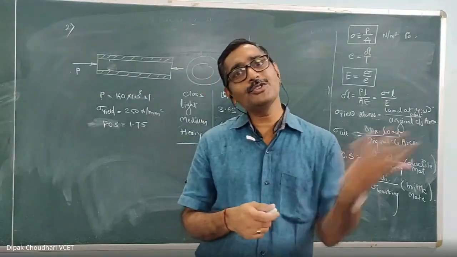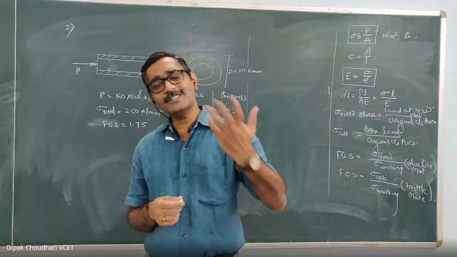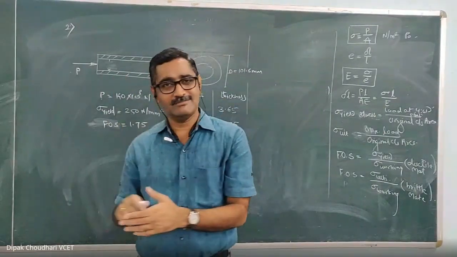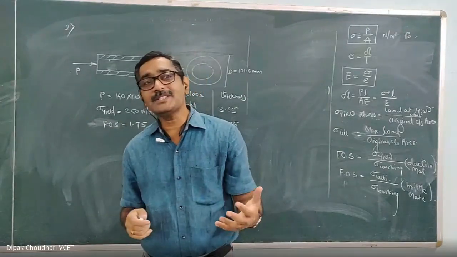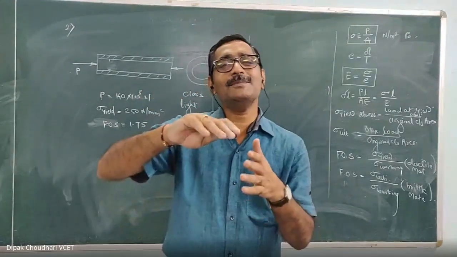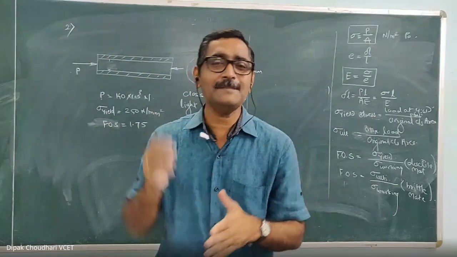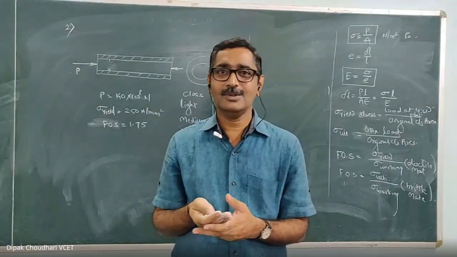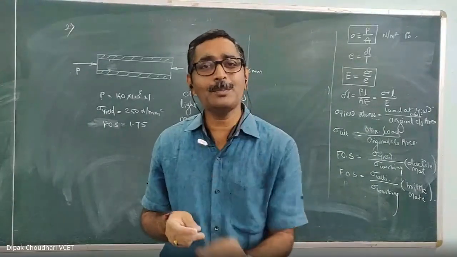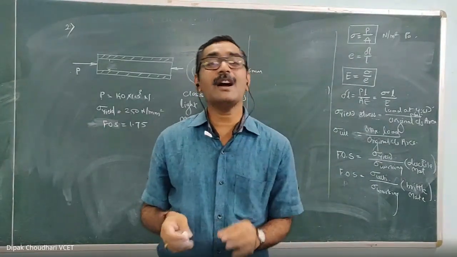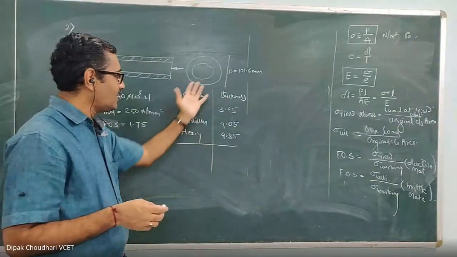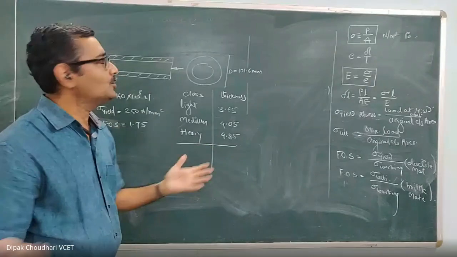If you unnecessarily use heavy material, it will be safe for that application, but because of that heaviness there will be some other disadvantages. Some unnecessary stresses will be induced because of that. That's why you have to use the appropriately dimensioned component. So for this application, you have to recommend which of these 3 tubes you will recommend.